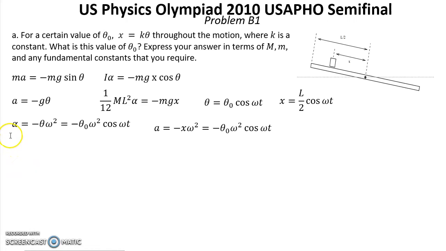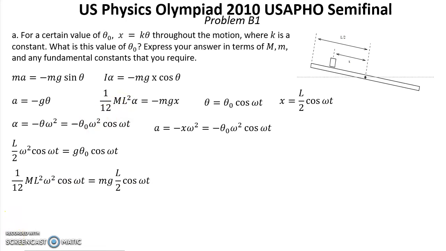So we have the expression for angular acceleration, this one, and we have the expression for linear acceleration of the block, this one. And we can insert these values into these equations. So we have these expressions. And now we can find ω squared from this equation and ω squared from that equation and equalize them.